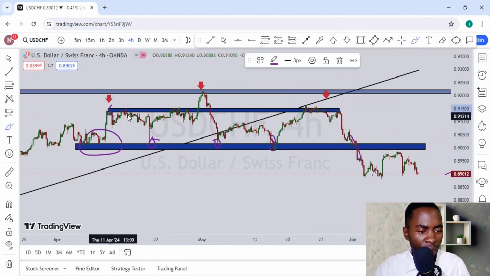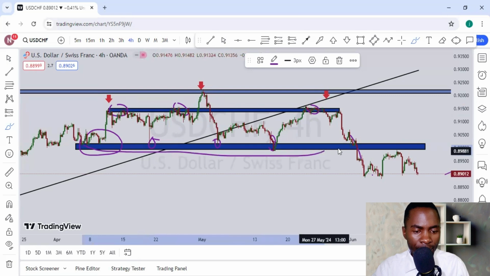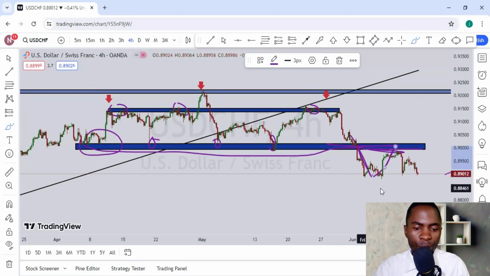Also at the top here, you can see the market respected this level. So you can see very clearly head, shoulder, head, and shoulder. And you can know very clearly that this is the neckline. The market broke the neckline and retested the neckline. And now it starts showing the direction to move down.